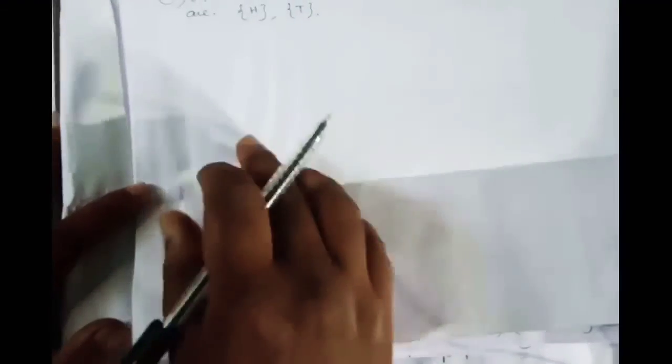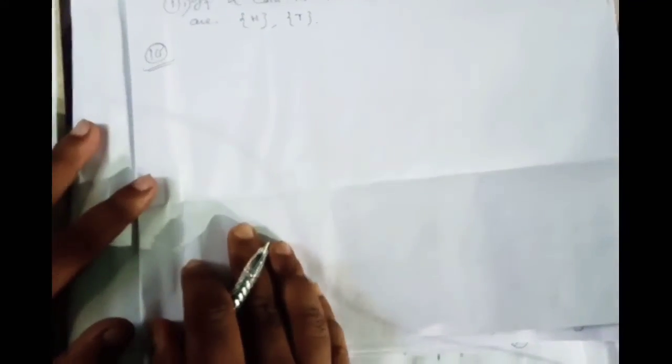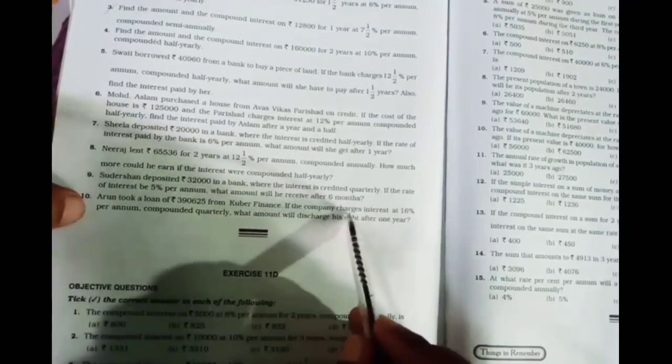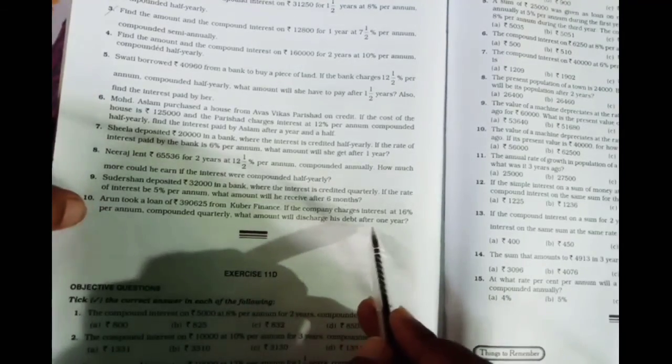Next come to question number 10. Now question number 10, as you can see from here, Arun took a loan of rupees 3,90,625 from Kuber Finance. If the company charges interest of 16% per annum compounded quarterly, what amount will be discharged after 1 year?